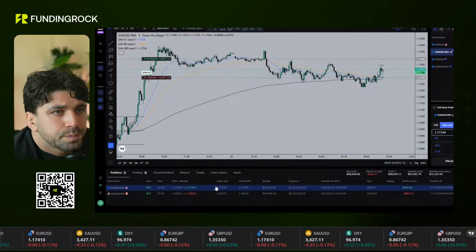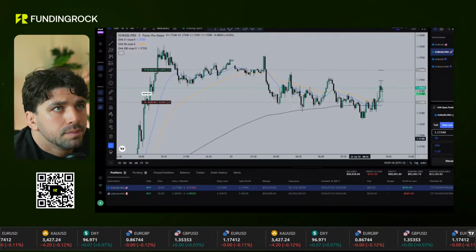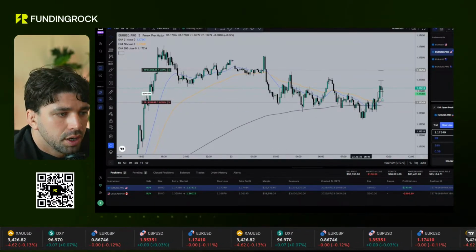Let's have a look. A nice retest on the prior high pre-break.